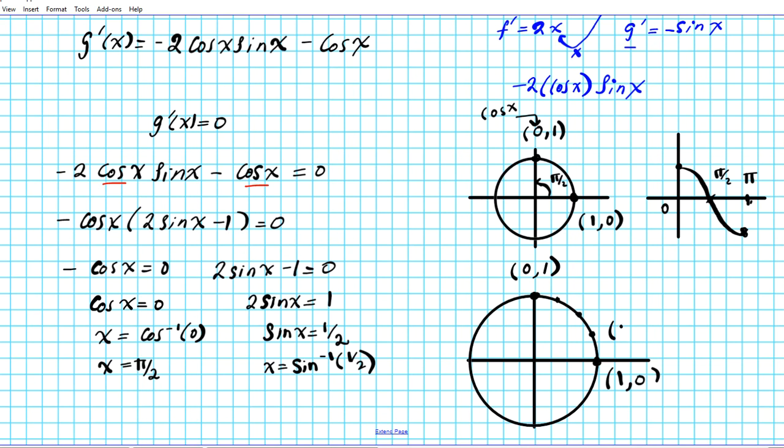Before 1 is root 3 over 2, and that always goes with 1/2. In the center they are both identical, root 2 over 2, root 2 over 2. Then over here, you just switch these two around: 1/2, root 3 over 2.